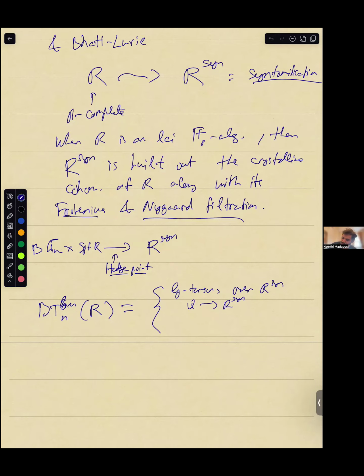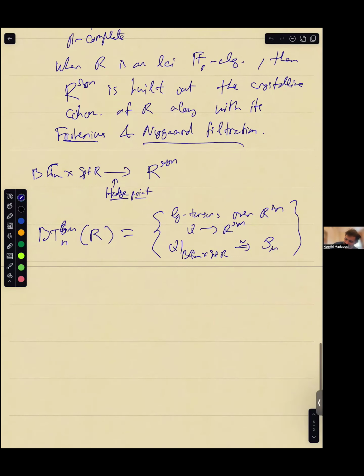And the condition that you want is that when you restrict to BG_m, this is a boundedness condition, and it tells you that this must be isomorphic to what I'll call P_mu. And what is P_mu? You see mu is a cocharacter from G_m to G, and so in particular it gives you a map between their classifying stacks.